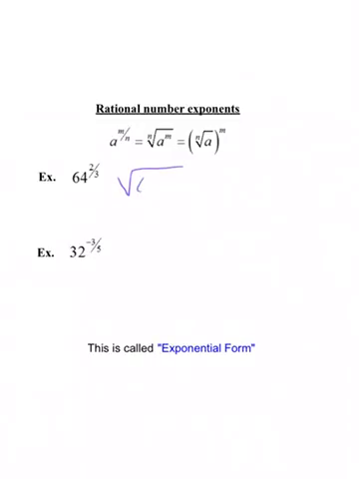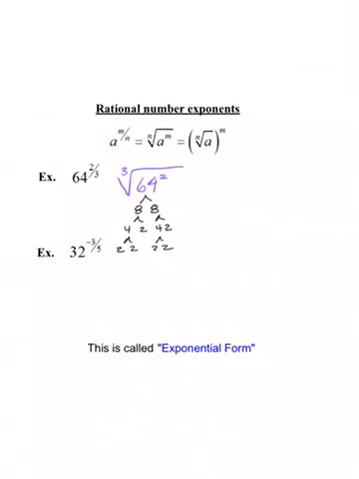So this is going to be 64 raised to the second power with an index of 3. So let's go ahead and simplify this. In order to simplify it, we're going to break this down into its prime factors. So 64 is 8 times 8. 8 is 4 and 2. 4, 2, and 2.